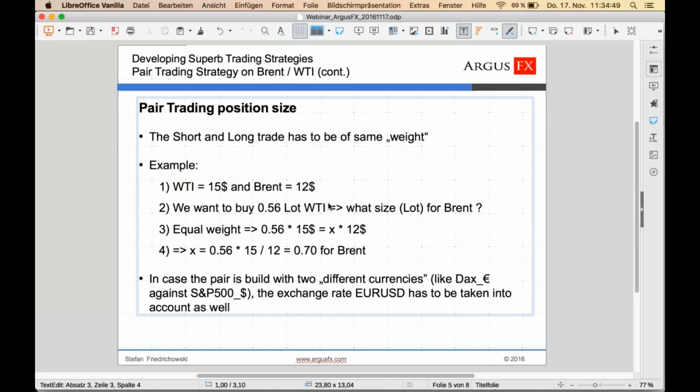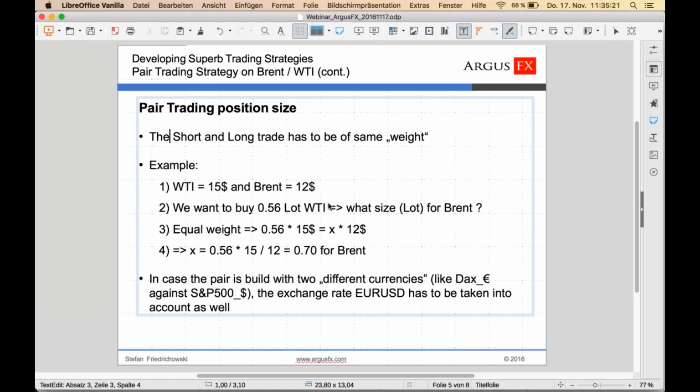And yeah, now we definitely need a completely different weight of both sides. We need the same, sorry, that was wrong telling. We definitely need different lot sizes for each individual trade in order to have the same weight on both sides. So that is extremely important.